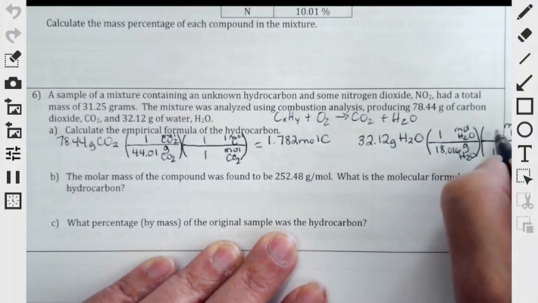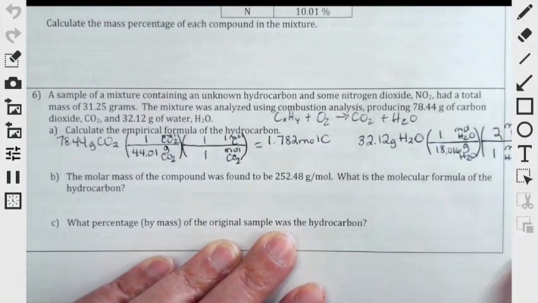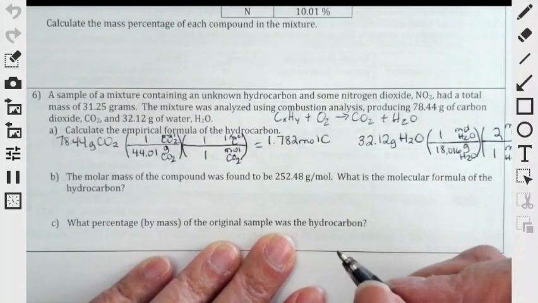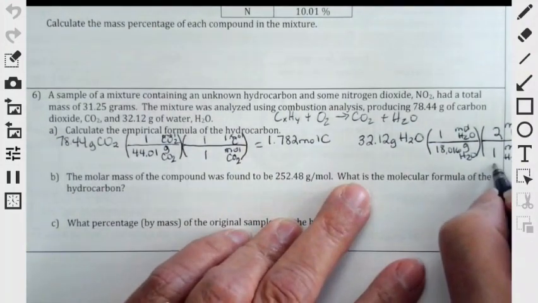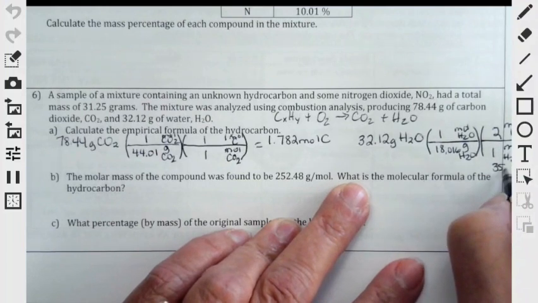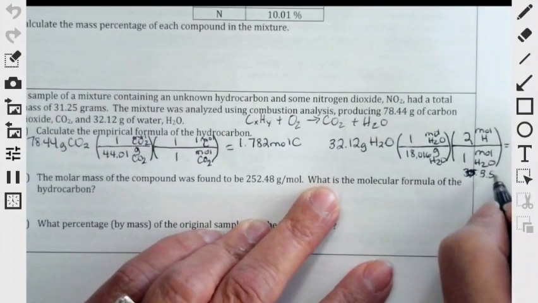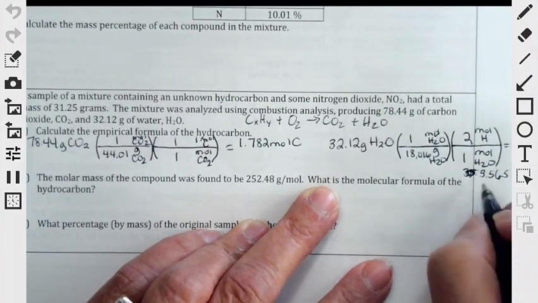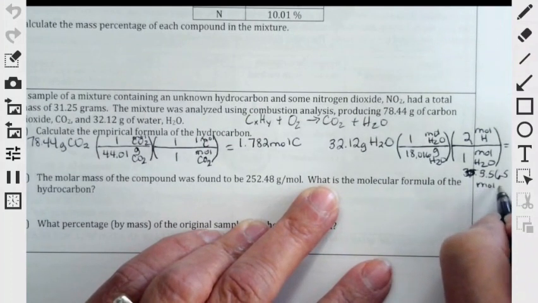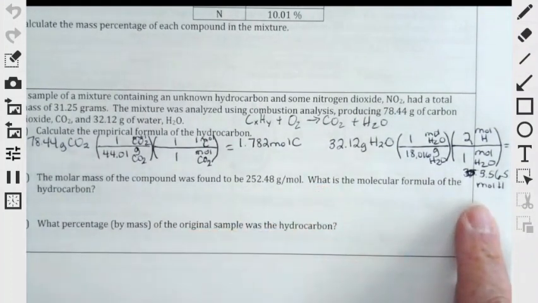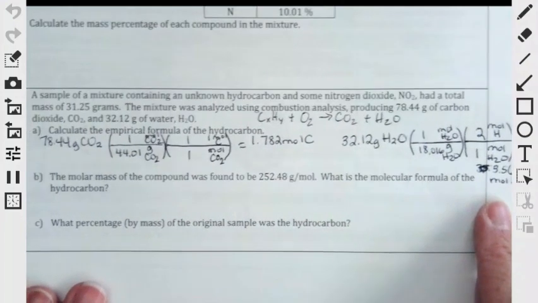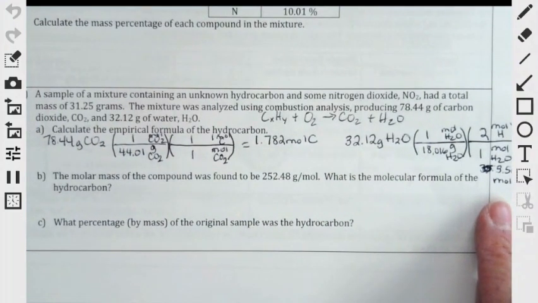And in 1 mole of water, there are 2 moles of hydrogen. Okay? So when we calculate that number, that gives us 3.565 moles of hydrogen.